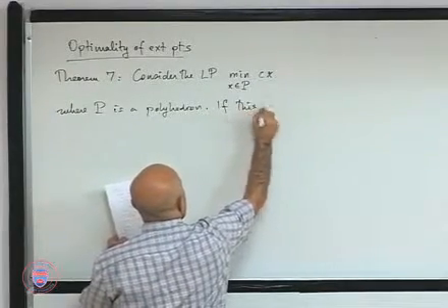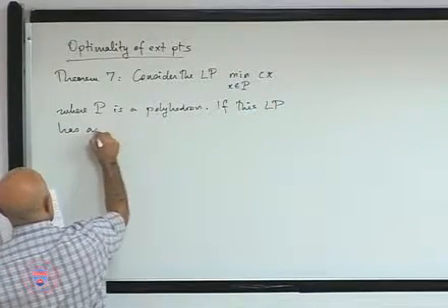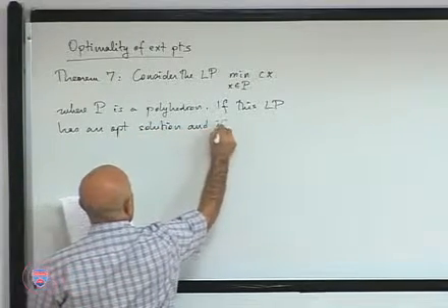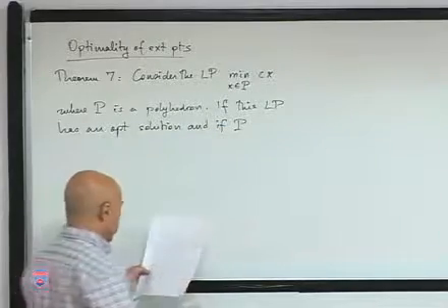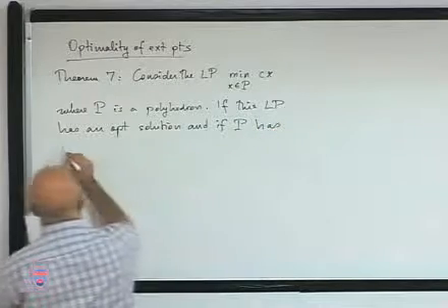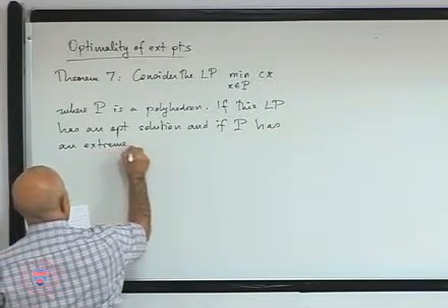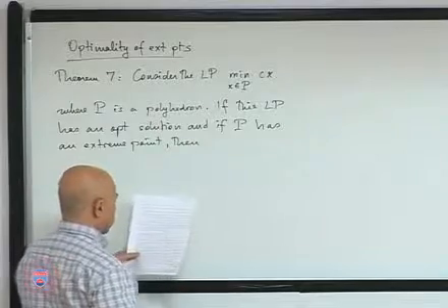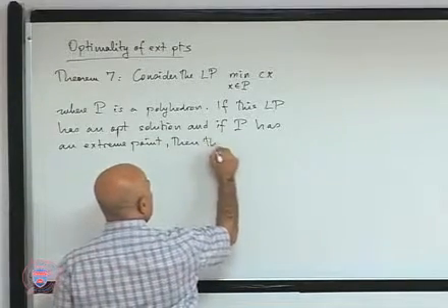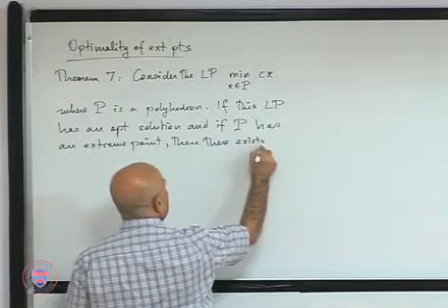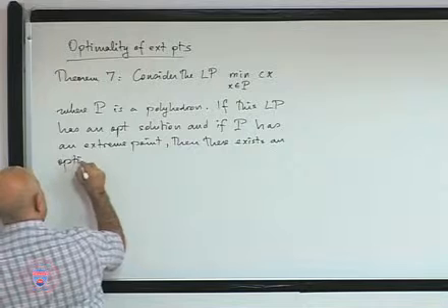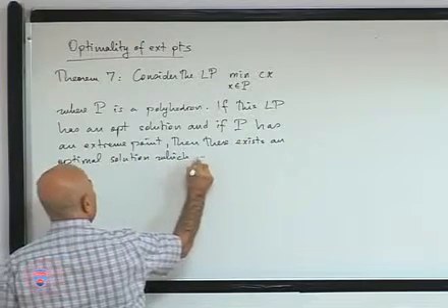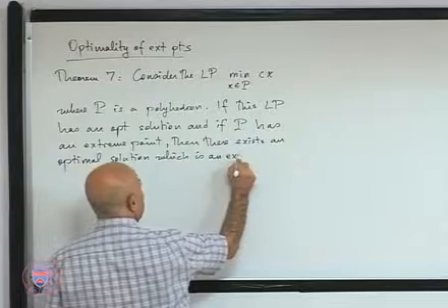If this linear program has an optimal solution, and if P has an extreme point, then there exists an optimal solution which is also an extreme point.